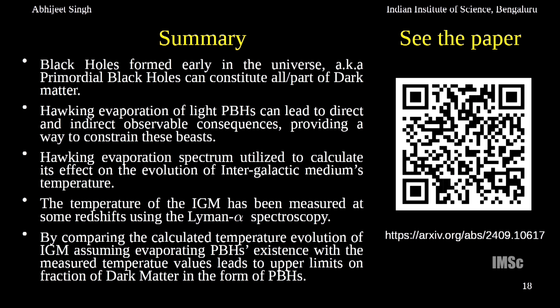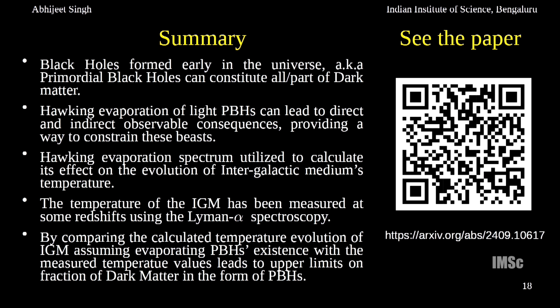I would just summarize that primordial black holes are black holes that could have formed very early in the universe, and Hawking evaporation of these black holes could lead to direct and indirect consequences, giving us the only way to search for them, because these are very light, so there's no other way to look for them. We computed the Hawking evaporation spectrum and utilized it to calculate the evolution of the intergalactic medium's temperature.